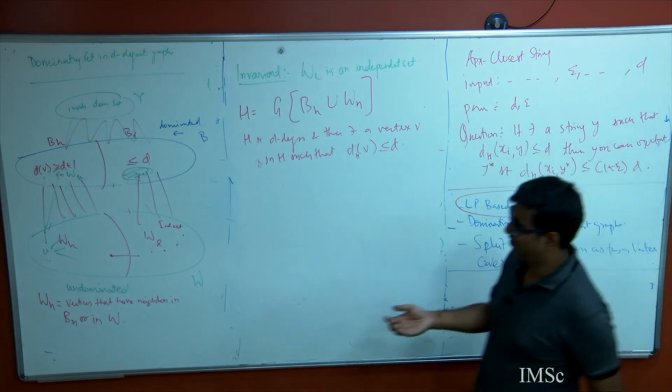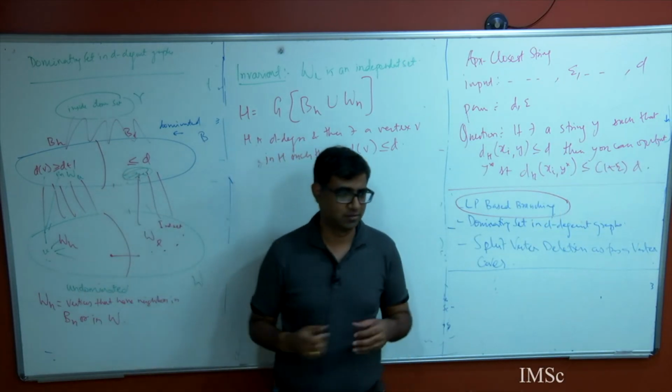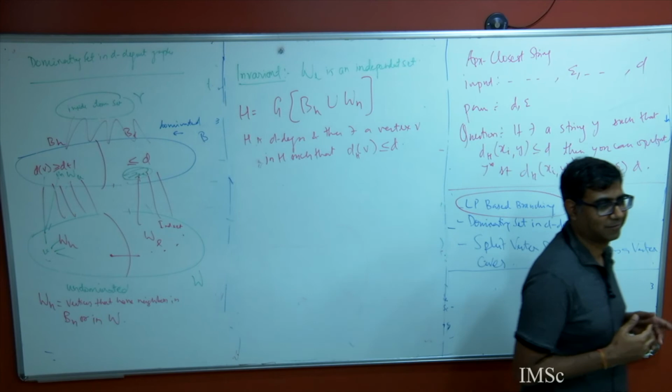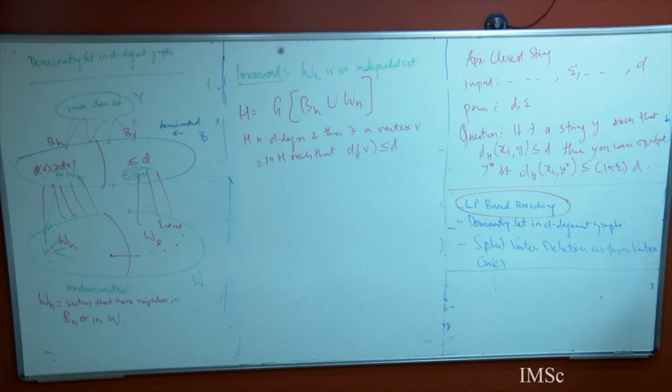But they could also be dominated by these guys. The BL guys are responsible for dominating the WL guys, but WL is independent. So WL has to be dominated by WL itself or BL.